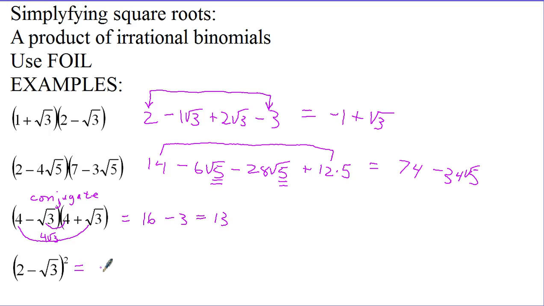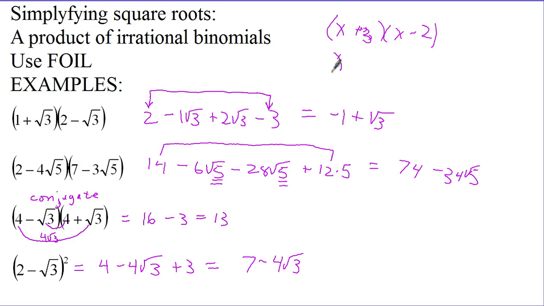I'm going to do the binomial expansion. First term squared, twice the product, second term squared. The second term squared is a plus 3. And again, notice the first and last are rational numbers, so that's a 7 minus 4 square root 3. So I handle all of these things just like I've handled things in the past, like x plus 3 times x minus 2. That's just a simple FOIL multiplication.